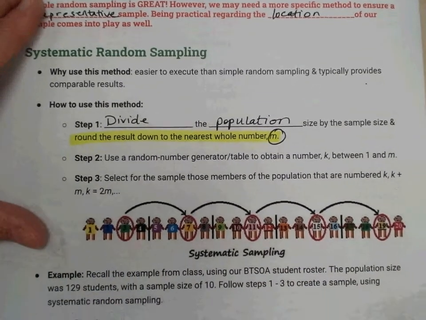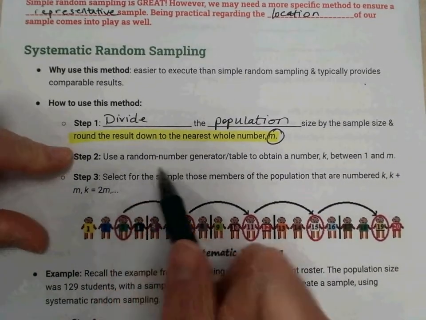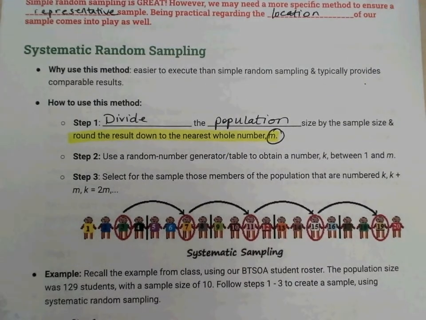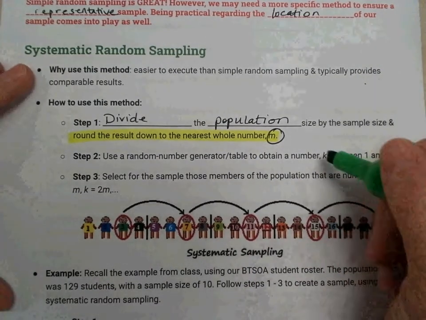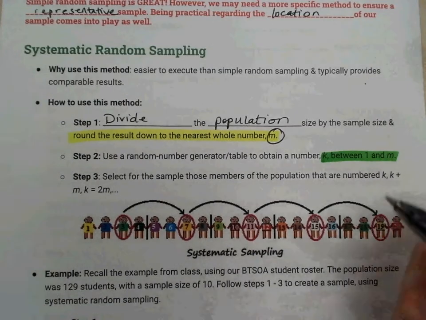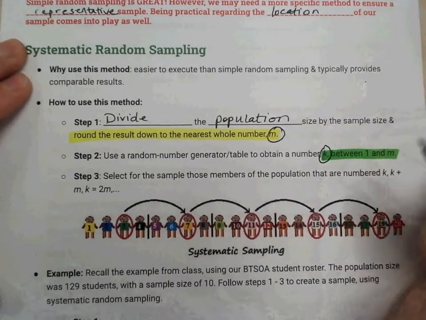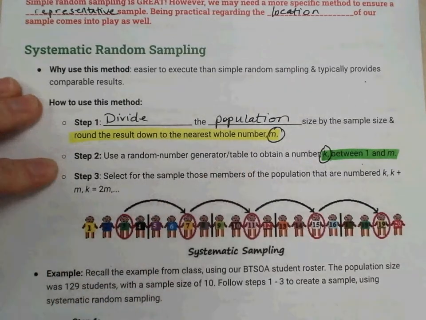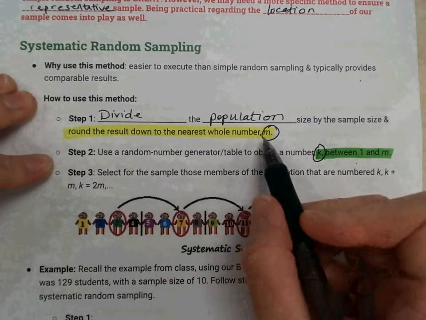So step 2, use a random number generator or table to obtain a number k between 1 and m. So k is also a variable that's coming into play, and that's going to be found by using this random number generator or table, and it will be a number between 1 and m.